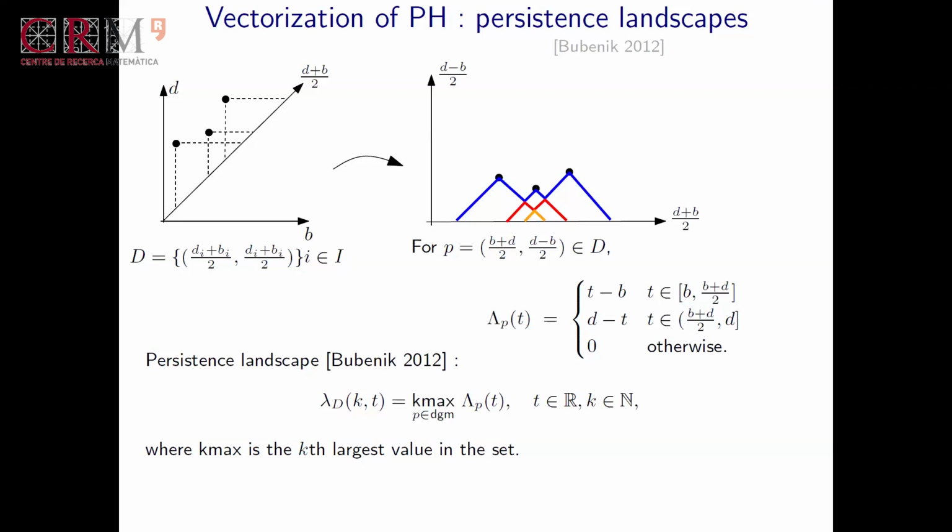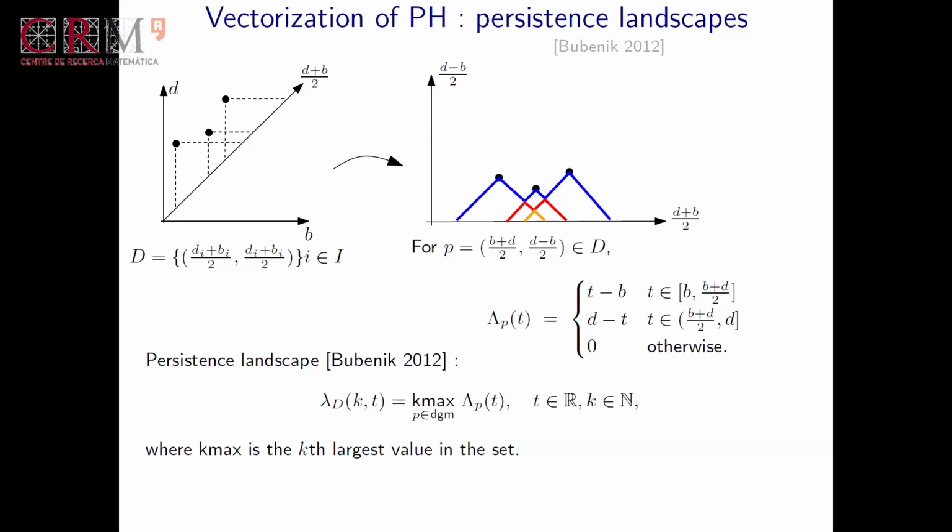When I rotate, I get a set of possibly overlapping triangles. The first persistence landscape is the function in blue here, which is 0 where I don't draw it, and which is in fact the upper envelope of the set of all the triangles.